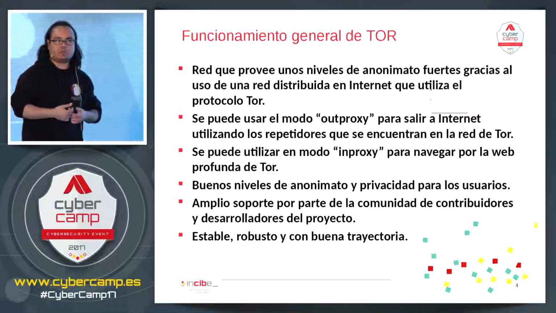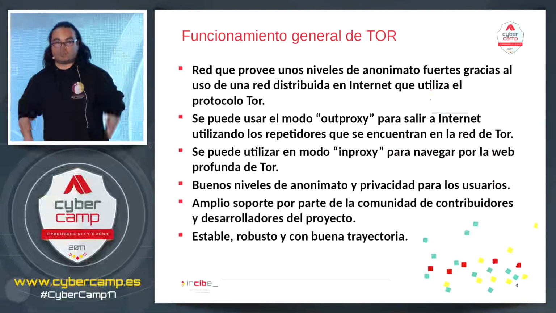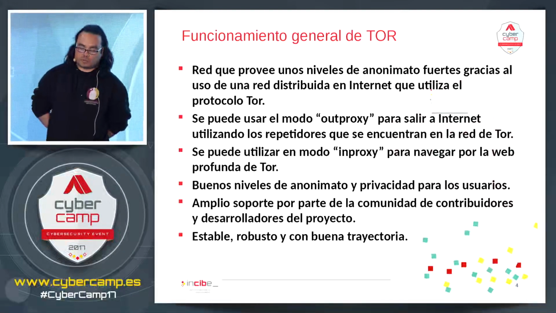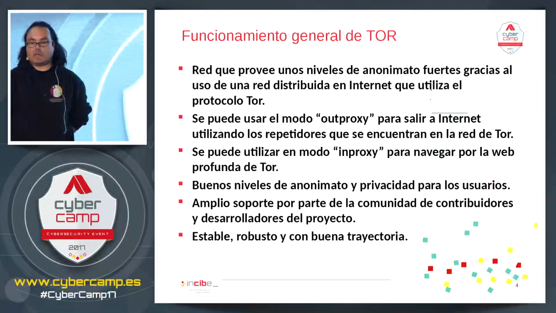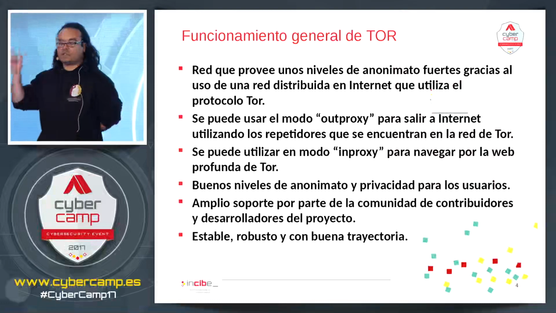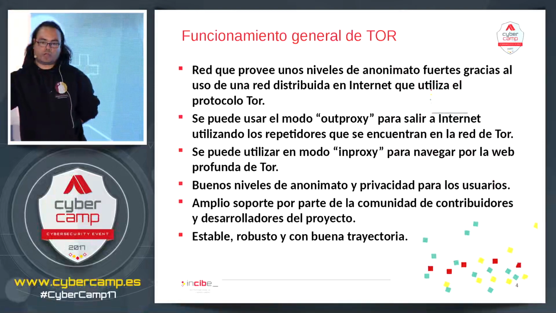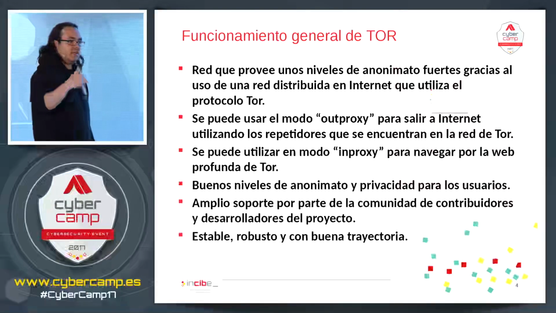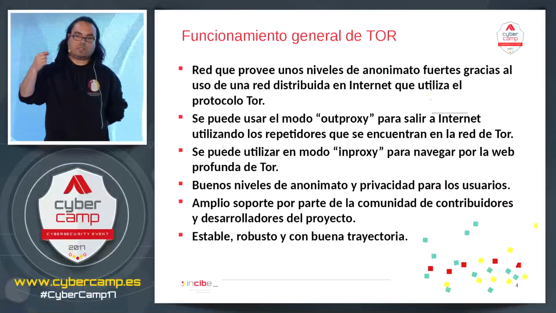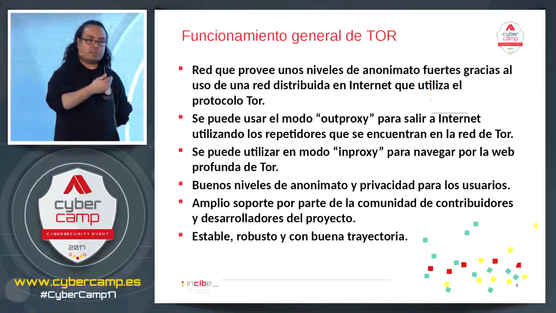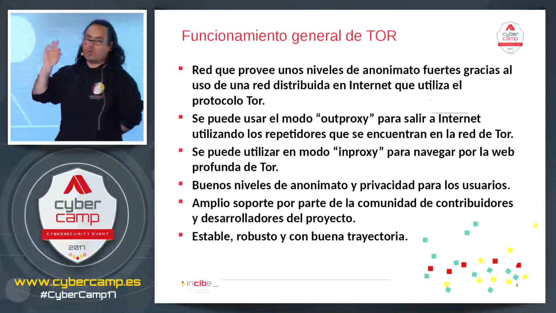So how does TOR generally function? Well, this is probably something you know and you master. You probably know the basic concepts. TOR is a network that provides good levels of anonymity thanks to a distributed network on the internet that uses the TOR protocol. This protocol enables us to use the TOR network and route all the packages to a particular destination.